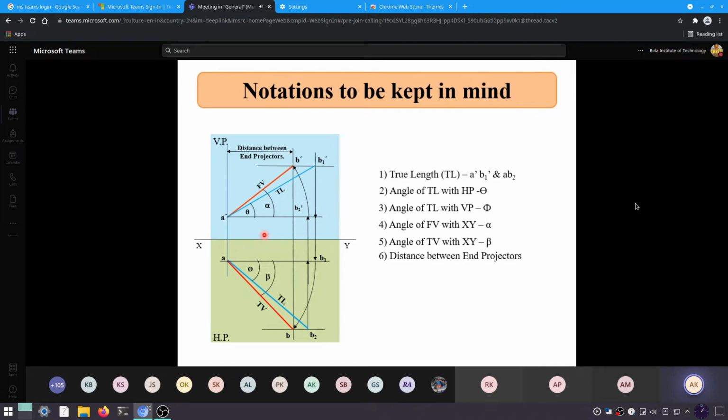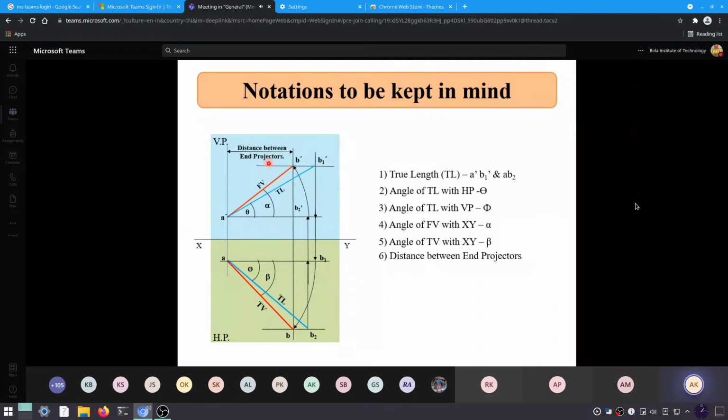There are a few more things. The two endpoints of the front view and top view should lie between two parallel lines. We call them end projectors.